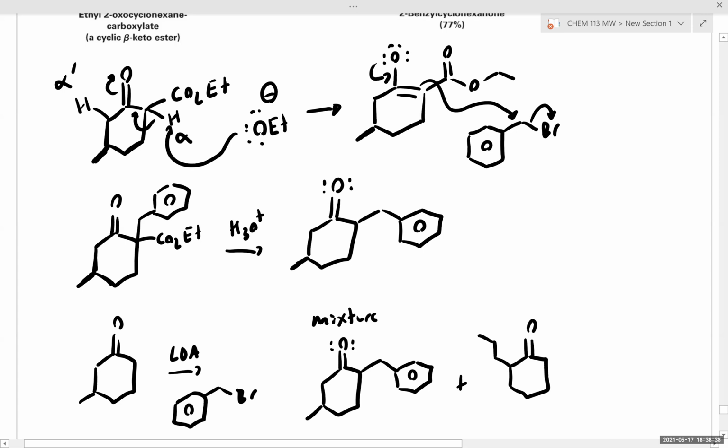The reason why we often plan and use beta ketoesters in synthesis is because they directly control and enforce regioselectivity. Only the alpha position adjacent to your ketone carbonyl and your ester carbonyl gets deprotonated. And thus only that alpha position reacts in subsequent alkylation reactions.